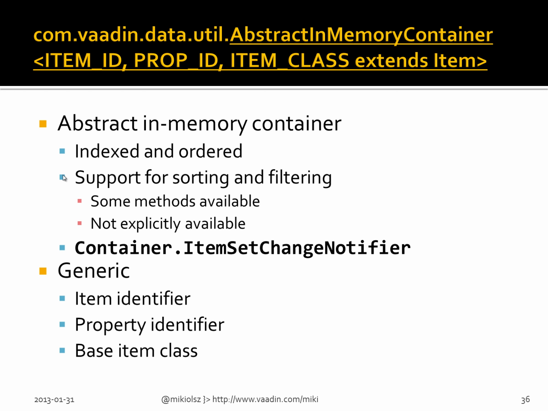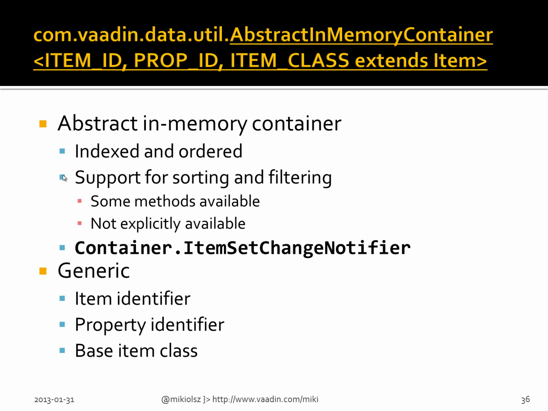If you want to build some in-memory container on your own, then you can extend the class called abstract in-memory container, which is generic over three things. So it's the identifier of the item, property identifier, and the base item class. It is indexed and ordered, so it allows you to get the order of your items.